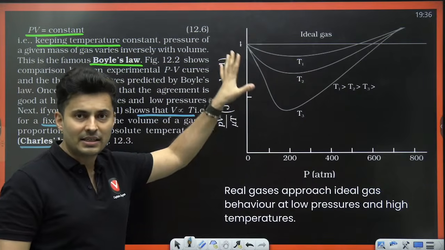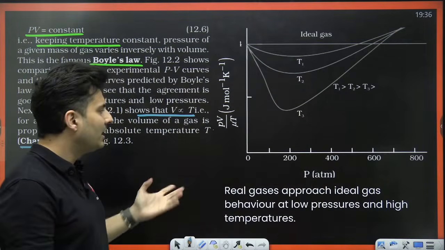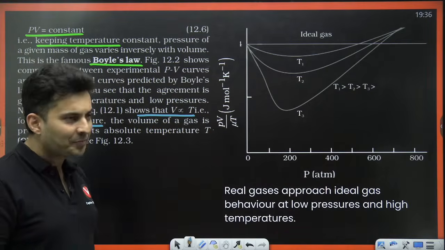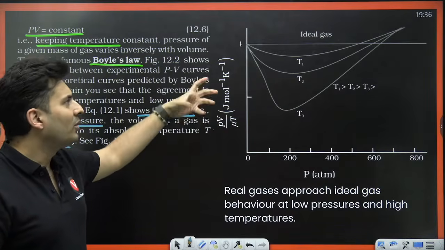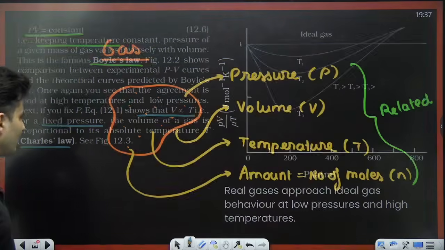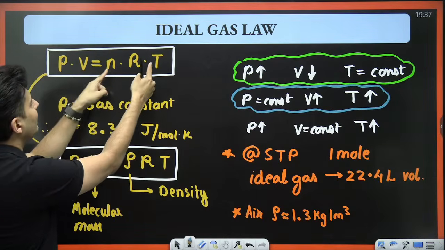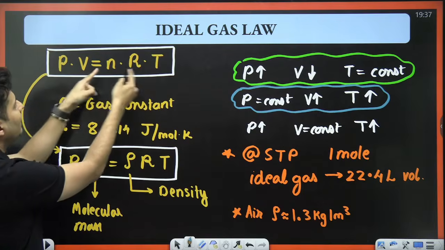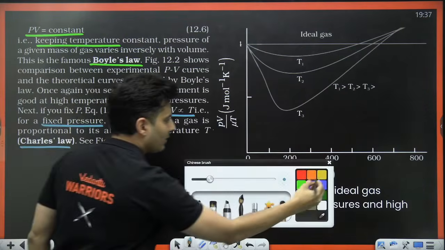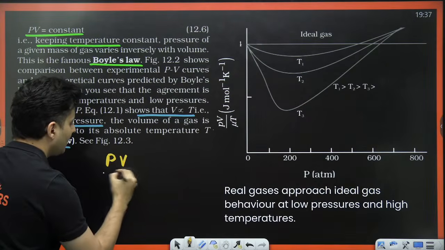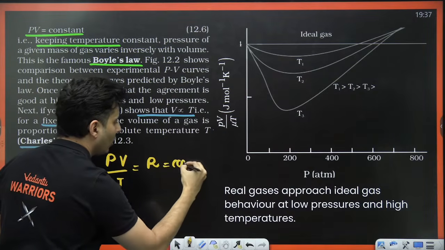Besides, in the NCERT, they have given a small graph where you are calculating a ratio PV by nRT or NT, and you are trying to find the constant. If I divide PV by NT, I should get R, and this should be a constant.